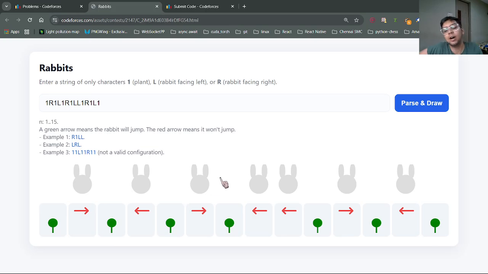So now you've gotten stuck again. Hmm. So basically now apparently what it feels like.